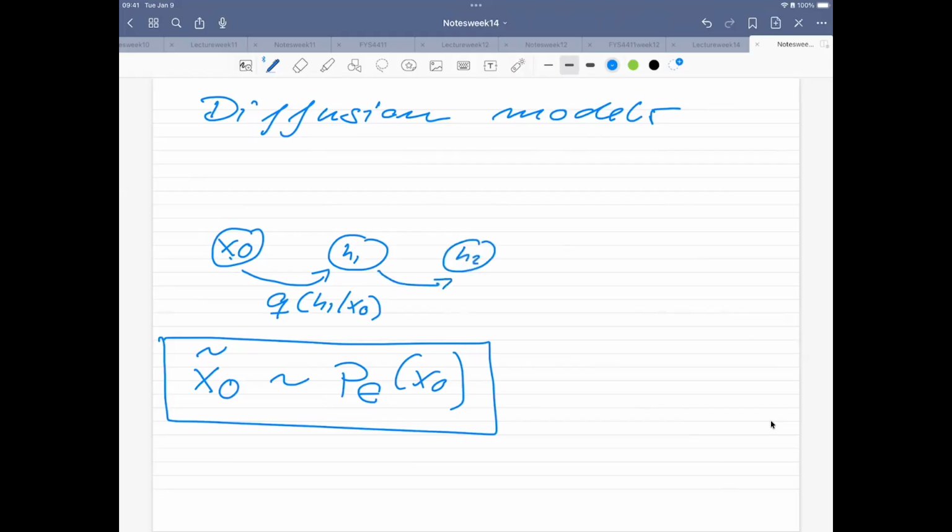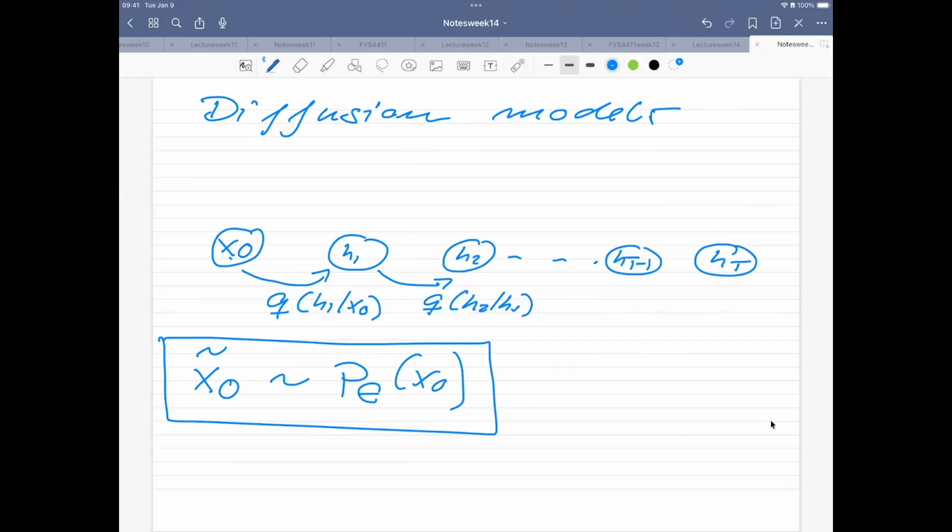So we can now have a Q of H2 given H1, and this can continue up to some H of T minus 1, and the final one, which I just call H of T. So these are all latent spaces. That means that when we connect them, the Qs have to be, in order to be able to run calculations, you would actually need to have a model for it.